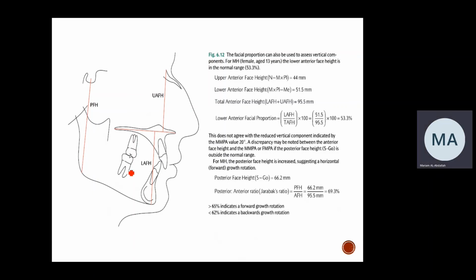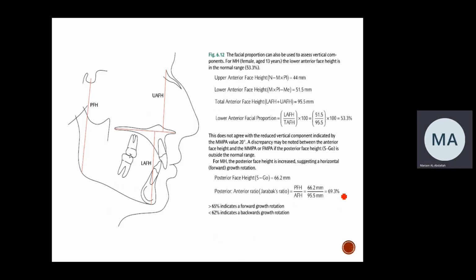Jarabak's ratio is the ratio between the posterior facial height and the anterior facial height. So we take the total of the anterior, and we take the posterior facial height, which is measured from the sella to the gonion. So this line here, from the sella to the gonion, and then we put it up here, and we divide it by the total anterior facial height.